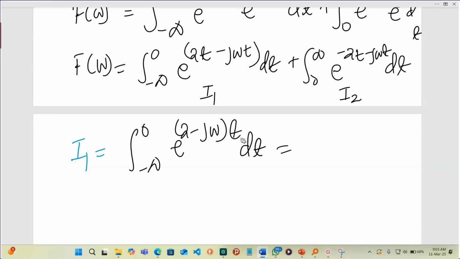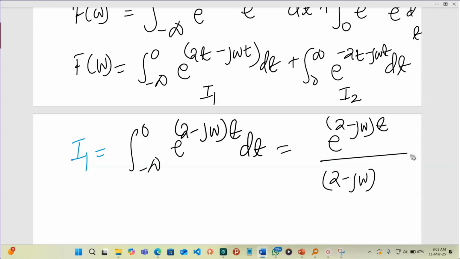Integrating an exponential function like this, we get exponential of (2 minus j omega) t divided by 2 minus j omega. So we put in limits from negative infinity to 0.